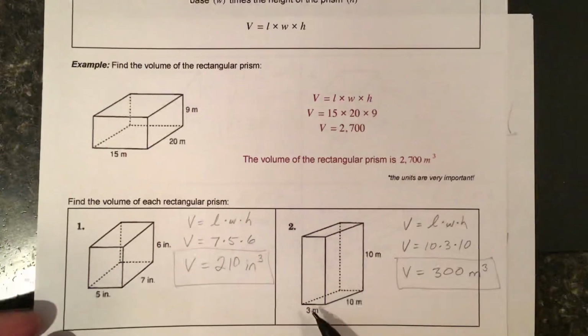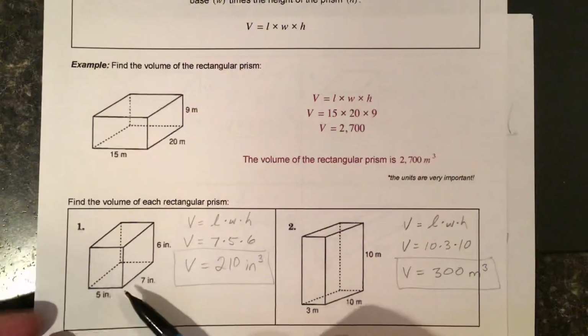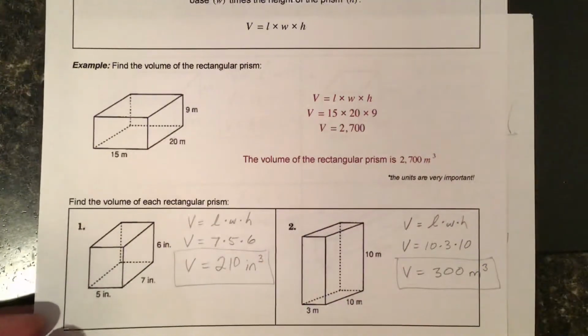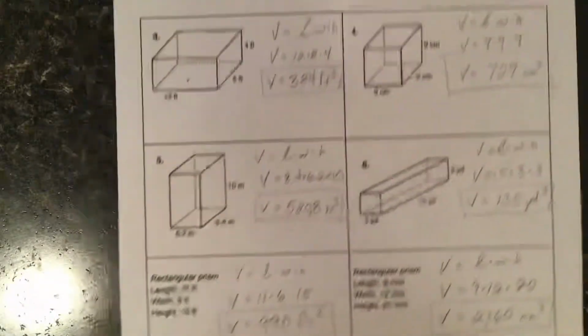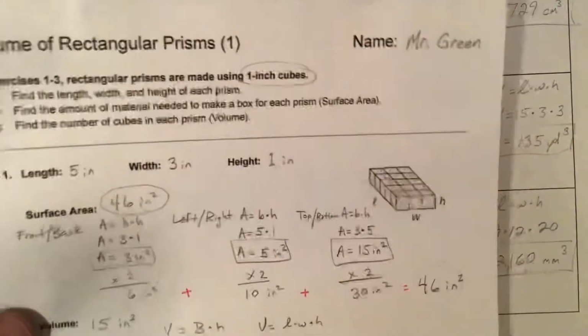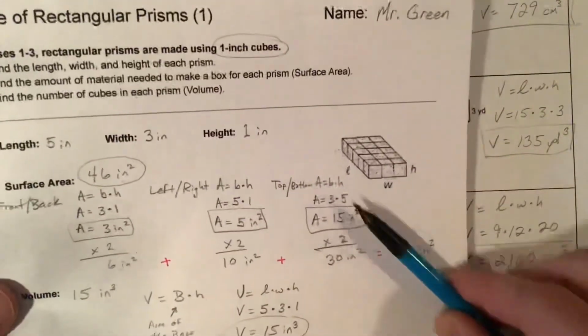But a lot of times what you'll see is people always give that first measurement as the length, and then the second one is the width, and then the height when they're dealing with the prism. But sometimes you flip that prism around, and we don't have any examples of that on this particular sheet. But for example, here on this one from yesterday, the prism was facing the other direction, right?